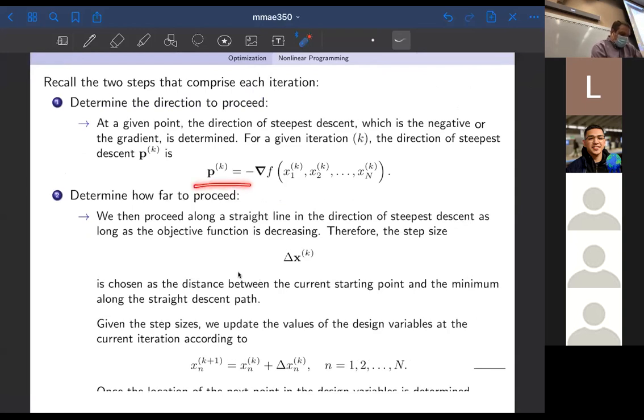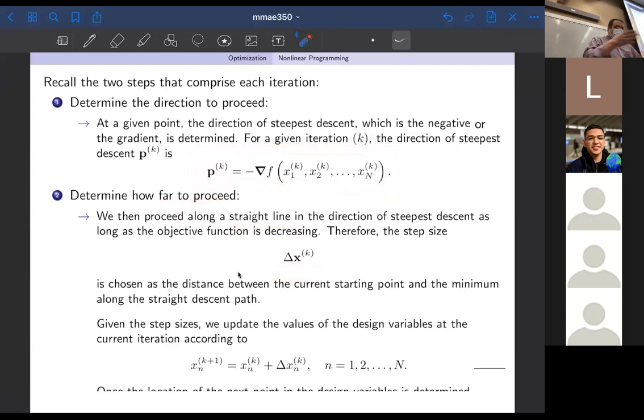So that is the first step, to calculate p. p is in the direction of steepest descent at each iteration. Then I need to calculate the delta x to determine how far to proceed in the direction of the vector p. We're going to follow a straight line.